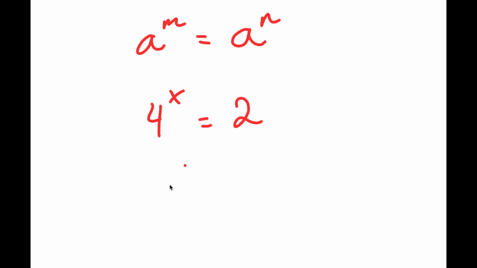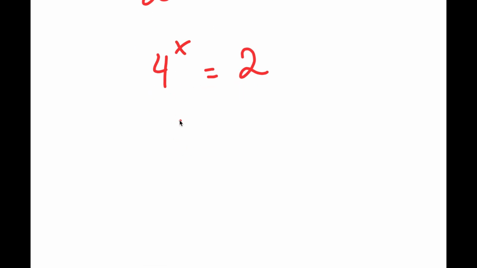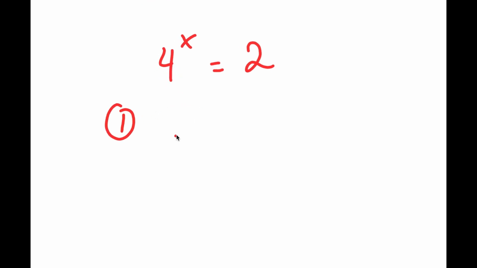Now I can solve this in two different ways. I can either rewrite 4 as a base of 2 or 2 as a base of 4. The first way: 4 is the same thing as 2 squared, so I get 2 squared to the power of x is equal to 2.